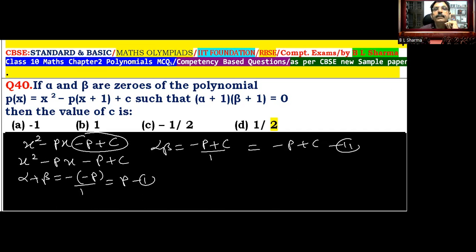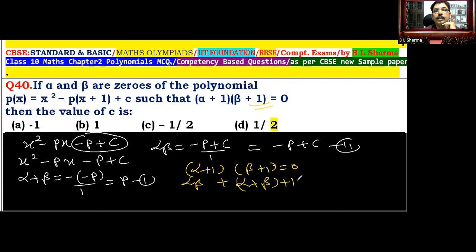And now the question is given that alpha plus 1 into beta plus 1 is equal to 0. This is given here.